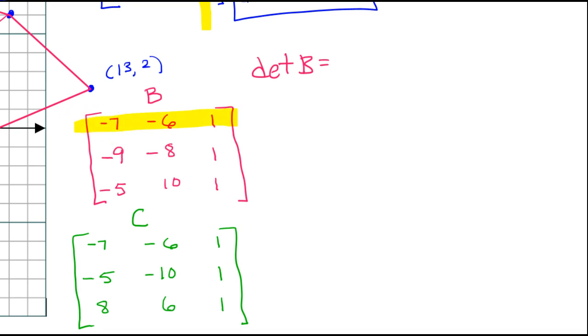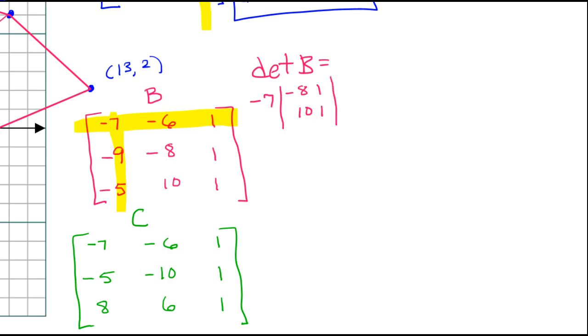So that means I will do negative 7 as my cofactor times the minor, which I will get by canceling out the column as well. So that leaves me with a minor of negative 8, 1, 10, and 1.